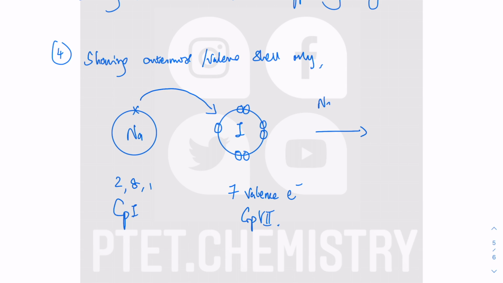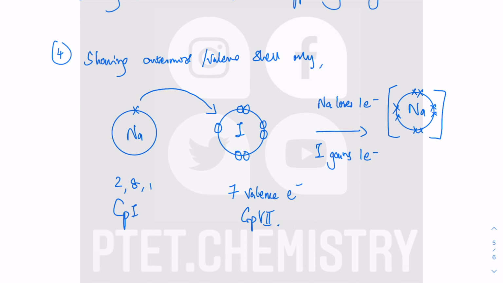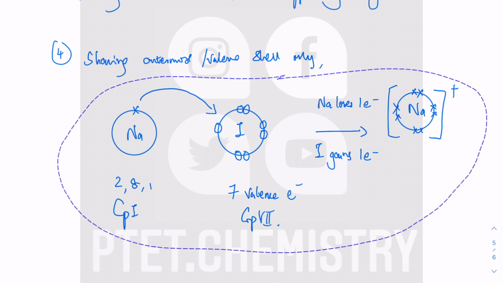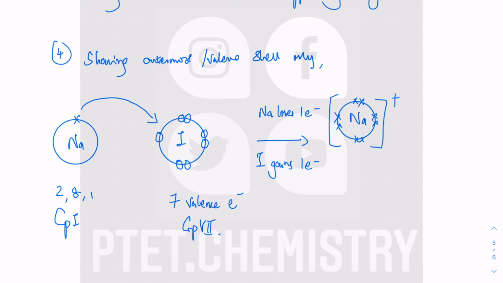So sodium loses 1 electron, iodine gains 1 electron, and what you get then is sodium. Because you lost the outermost shell electron, you are left with the second shell, but now you are ions. And don't forget, when you have ions, you must also show the other pair.